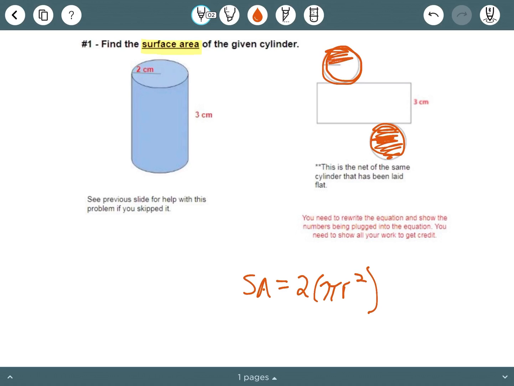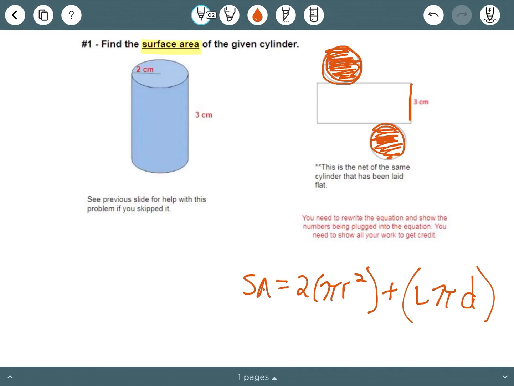And remember that what I'm coloring in now is the net of this cylinder. This is just a flattened out 2D version of this. The second part of our formula is adding the length of the rectangle part, times pi times the diameter.